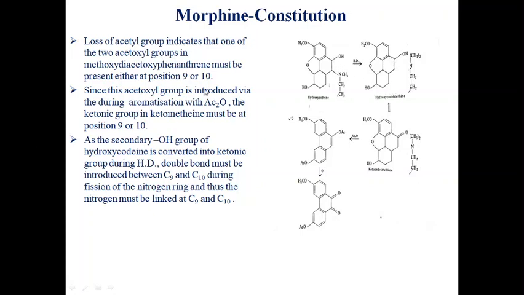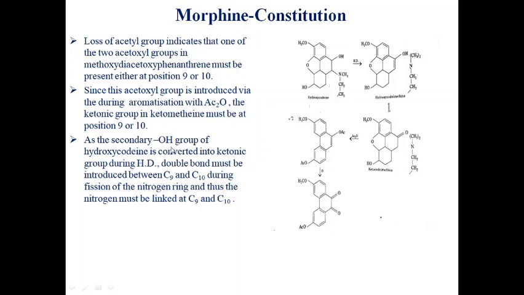Since this acetoxyl group is introduced during the aromatization with acetic anhydride, the ketonic group in ketocodimethine must be present at position 9 or 10. This ketonic group must be positioned in either of these two positions, 9 or 10.